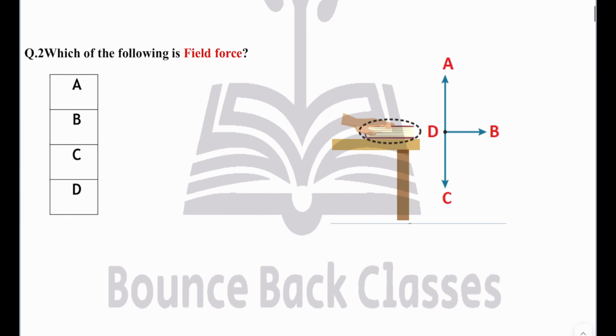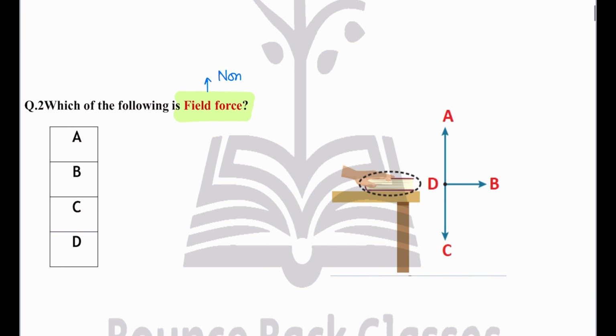Now, which of the following is field force? Field means non-contact forces. Let's say here the body is in contact. Here, who is in non-contact? C. Why? F is equal to mg.